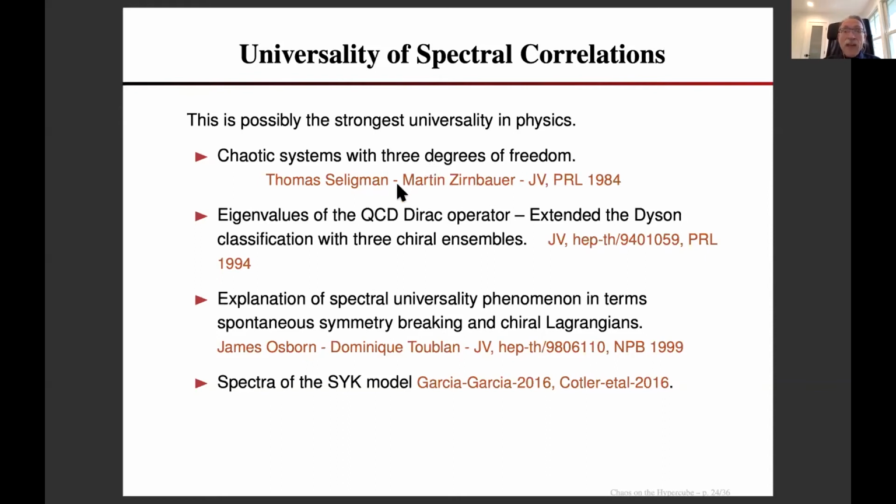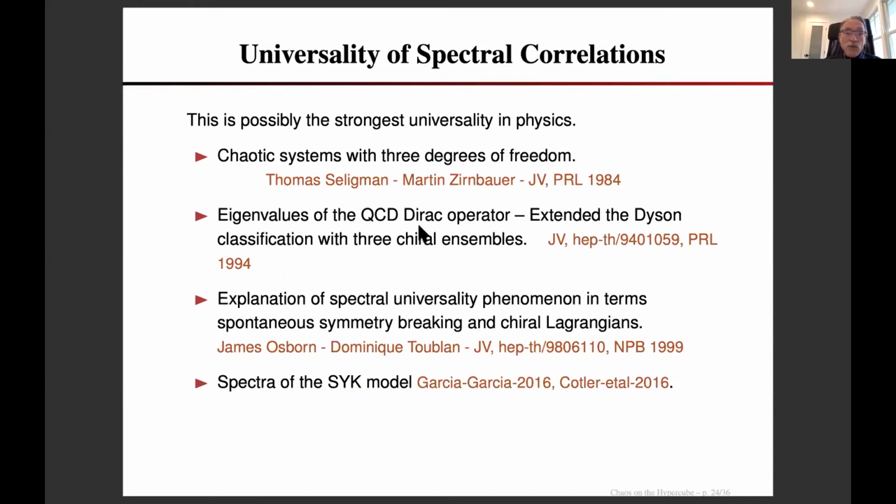We also looked at eigenvalues of the QCD Dirac operator, which have universal properties. For that, we had to extend the Dyson classification with 3 chiral ensembles, and that has been tested in many different areas.